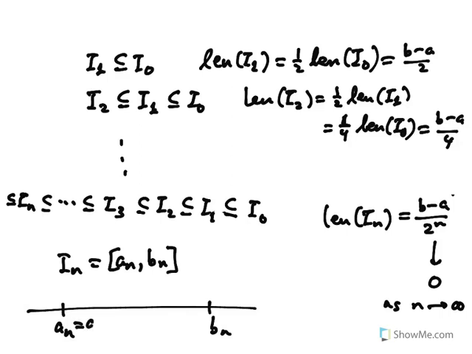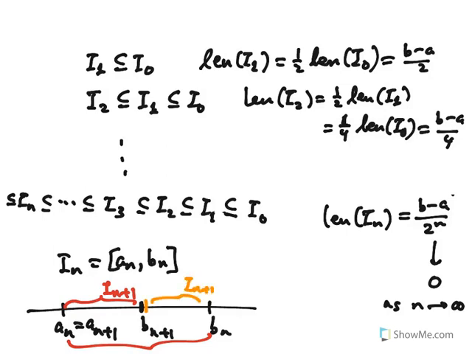So you could have the case where bn plus 1 is the midpoint, so that I sub n plus 1 is inside I sub n. Or the other picture is that maybe it's this half. That's I sub n plus 1. So in this case, an plus 1 would be here, and bn plus 1 would be here.